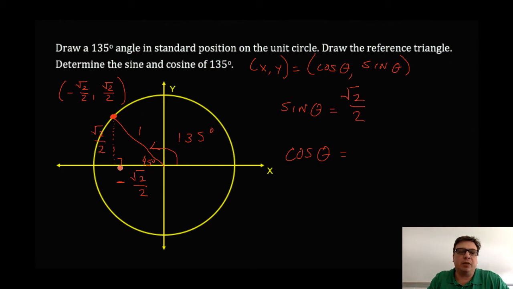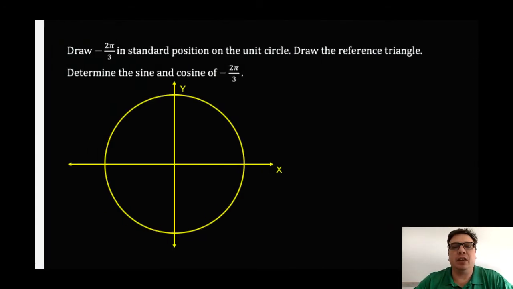So negative square root of 2 over 2 over 1. So this is negative square root of 2 divided by 2. Again, knowing our reference values, we know square root of 2 over 2, we have to know 1/2, and we have to know square root of 3 over 2, and that's how we'll figure out what our triangle looks like, and then off of that triangle, figure out what sine and cosine are.